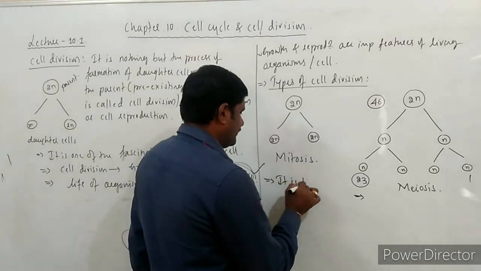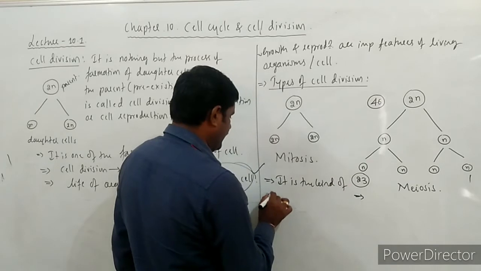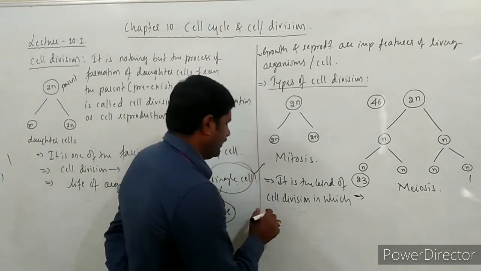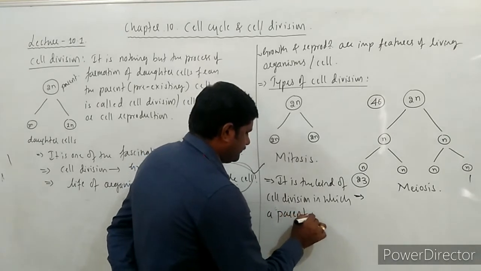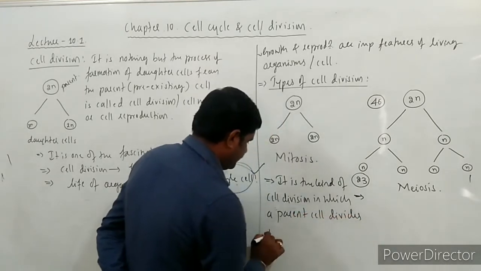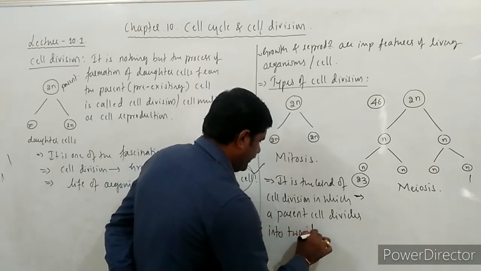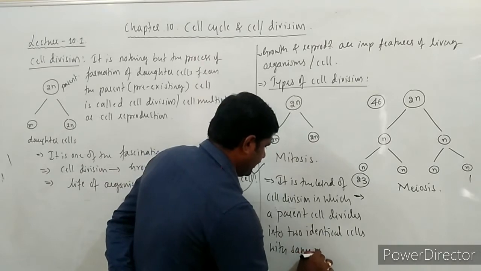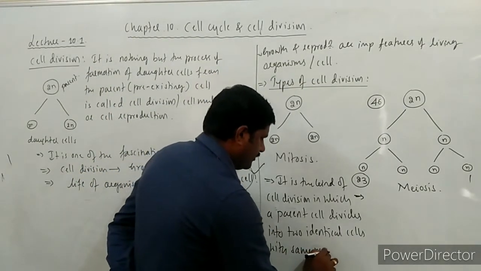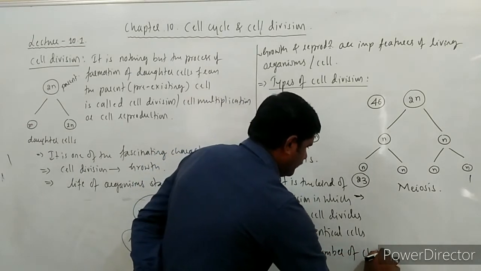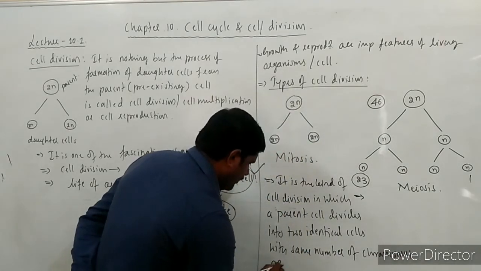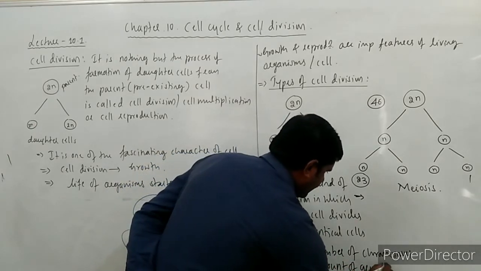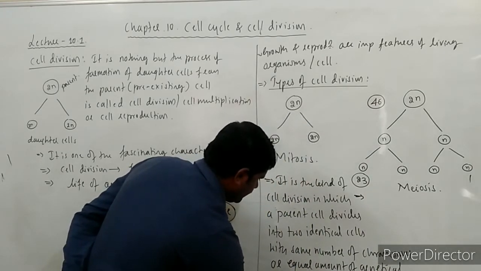It is a kind of a cell division in which a parent cell divides into two identical cells with same number of chromosomes or equal amount of genetical material.